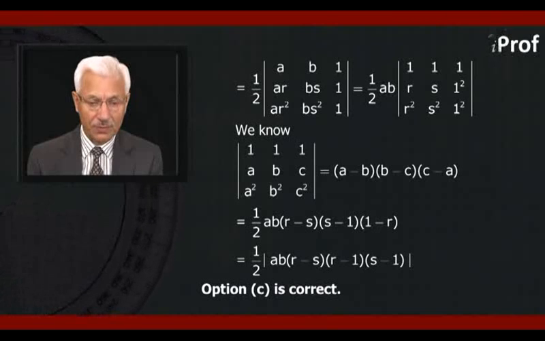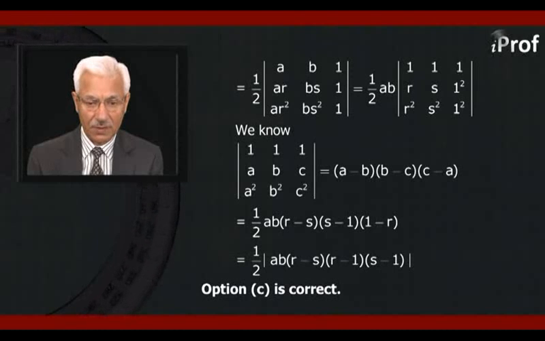Pulling out a common from the first column and b common from the second column, we get half of ab into the determinant with first row 1, 1, 1, second row R, S, 1, third row R², S², 1, which when we use the determinant with rows 1, 1, 1; a, b, c; a², b², c², here c is 1, we know the value is (a - b)(b - c)(c - a).